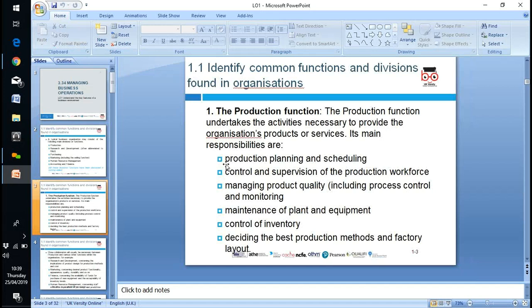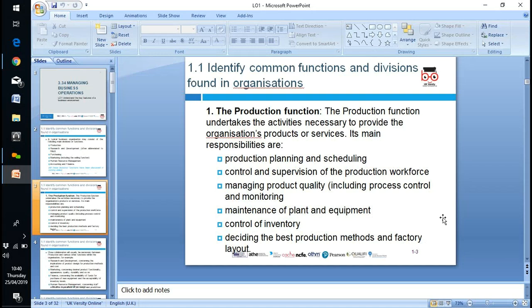So it goes through the different functions, what production does, how it manages, it supervises a workforce, it manages the quality of the product, the maintenance of the equipment needed and resources needed, the control of inventory, what they've got and what they can produce, and deciding the best production methods and the factory layout.